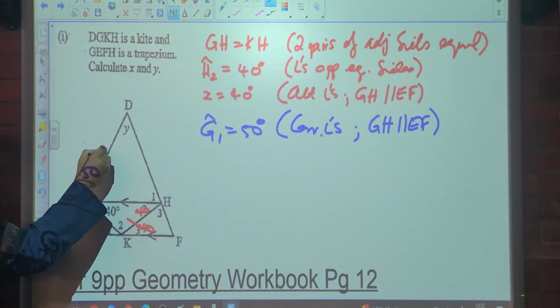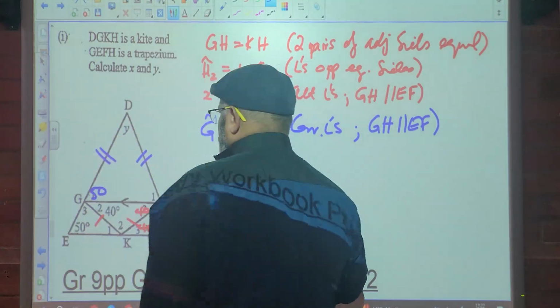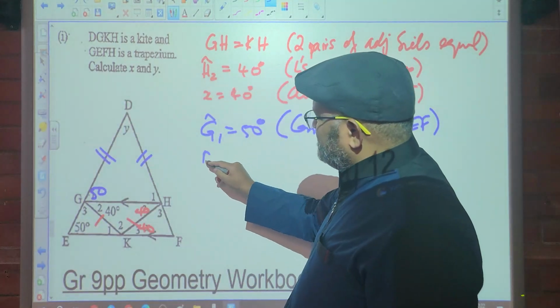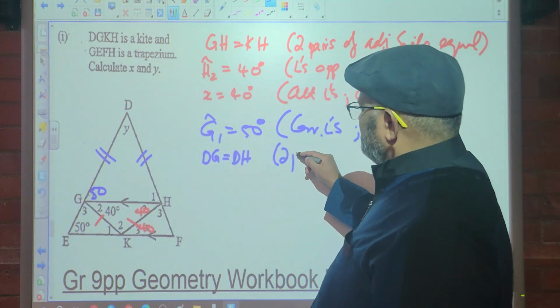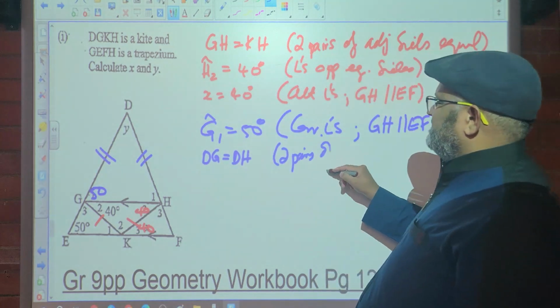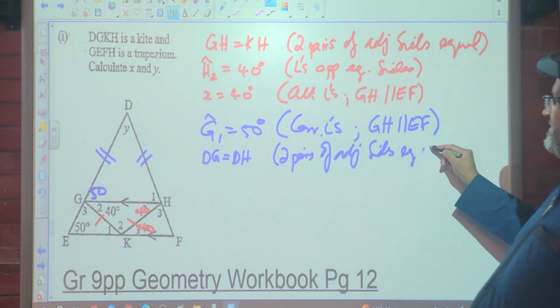Now that length we said is equal to this length, but it's not marked on the diagram. If it's not marked on the diagram, we must substantiate it. Okay? Why are we saying that? So we're saying that DG is equal to DH, why? Two pairs of adjacent sides equal in a kite.